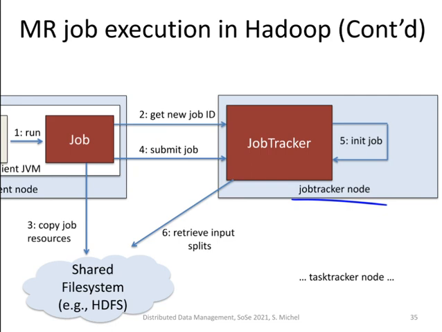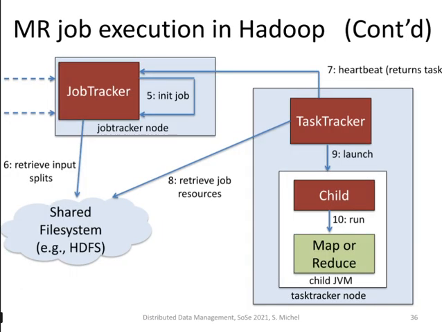So this job tracker node now is responsible for retrieving information about the input splits. So now we go and look at the file system, the HDFS, and the so-called task tracker nodes. Once you have retrieved the input splits, the information about it, then these task trackers will be created.